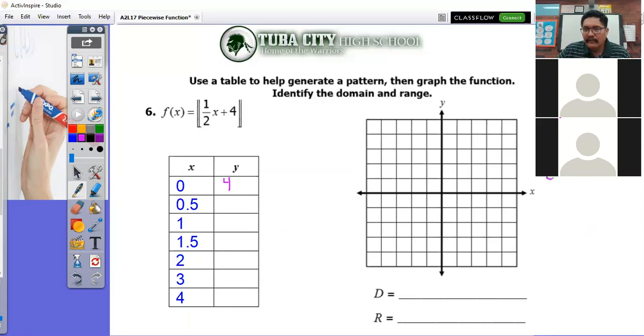That would be 4.25 because this is half of half. So half of 0.5 is 0.25, and after I add 4 to it, it'd be 4.25. I'm going to have to round it down, so that would be 4.